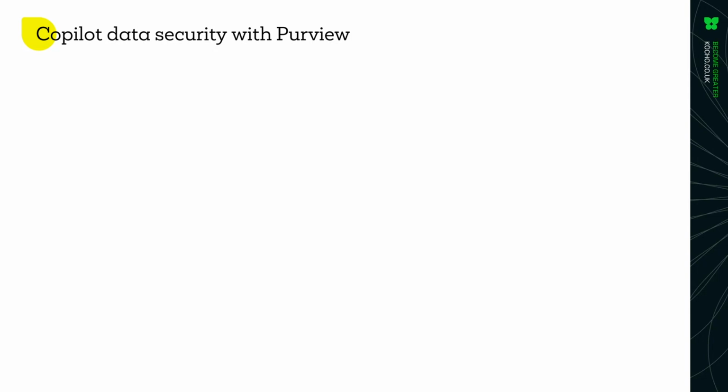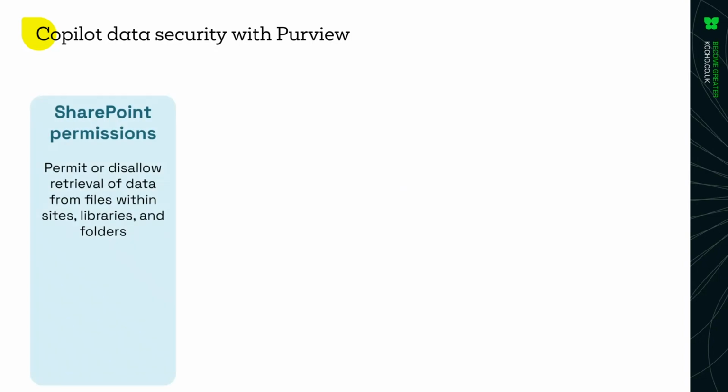Well, perhaps the first thing that you should do is look at your permissions in SharePoint. In particular, if your information is up in SharePoint, then making good use of the normal SharePoint permissions that are available to you means that you can restrict certain sites, libraries or folders from being seen by anyone.